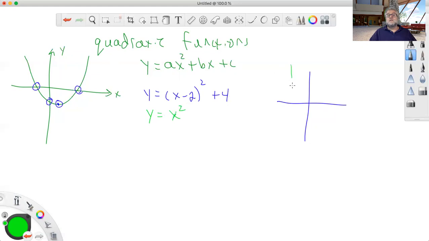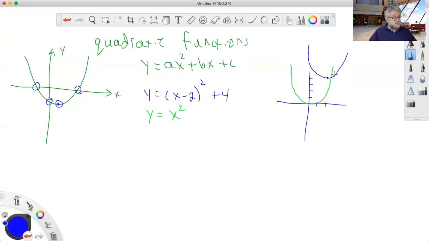So this has a transformation 2 units to the right, in the positive direction, and 4 units up. So this would be right there. I don't know why I showed that as an example, because that's a terrible example.